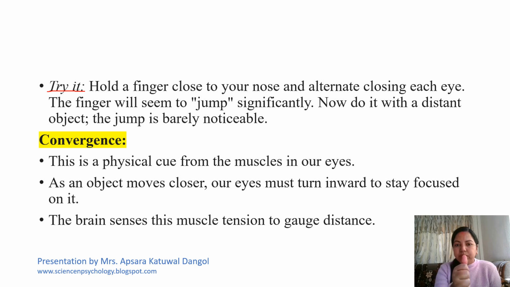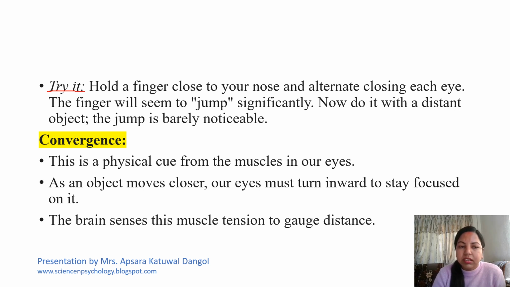Now you need to alternately close each eye and look at the finger. You will feel like that finger is jumping. But if we try this experiment with an object which is very far, the jump is barely noticeable.